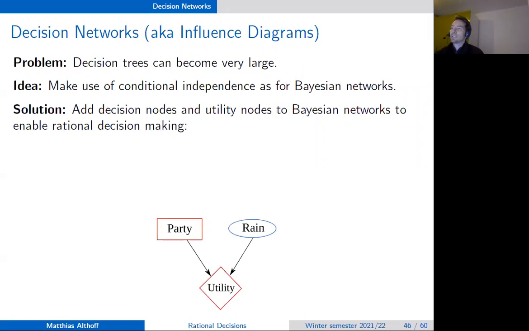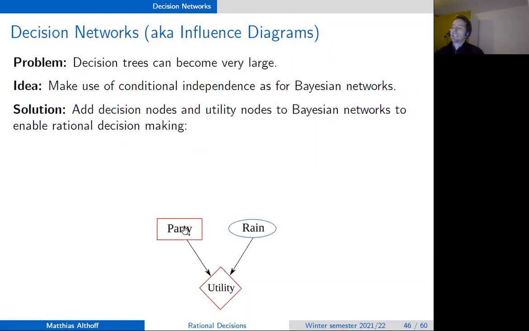And so the solution now is to take a Bayesian network and add two more ingredients. The ingredient that we keep from Bayesian networks are the random variables. So if you remember the garden party example that we discussed last week, we had a random variable which was rain. There was a 60% chance that it rains and 40% that it didn't rain.